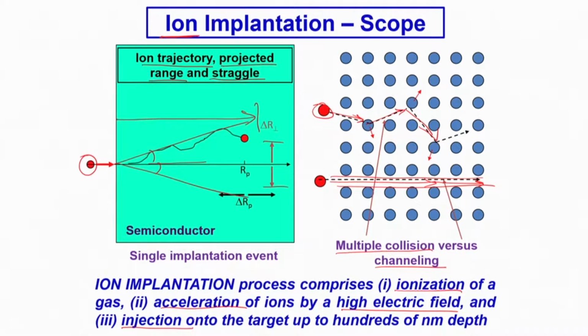And then finally the injection or implantation onto the surface, which can be typically a few tens to a few hundreds of nanometers, but certainly not more than a micrometer, way less than a micrometer. So these are the three important steps of ionization, acceleration, and injection or implantation.